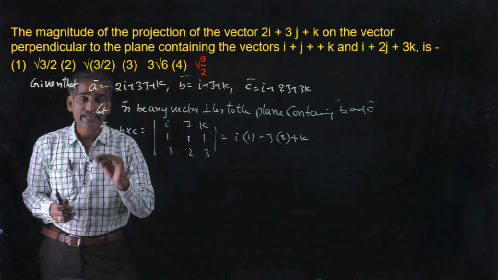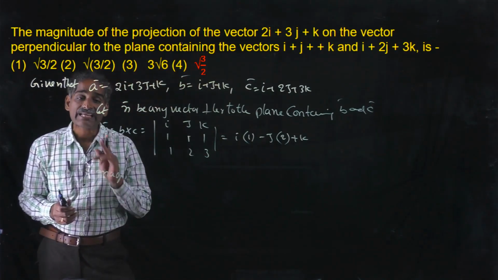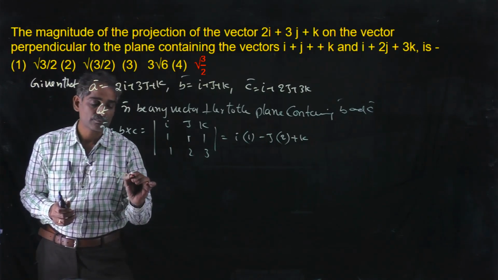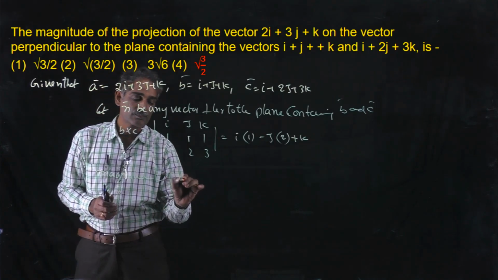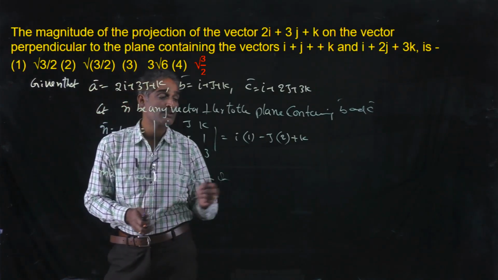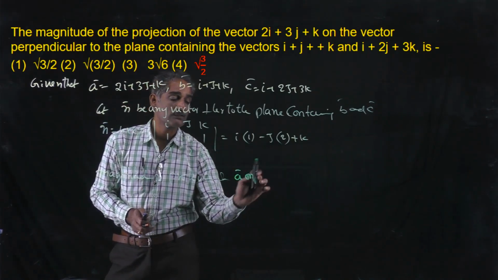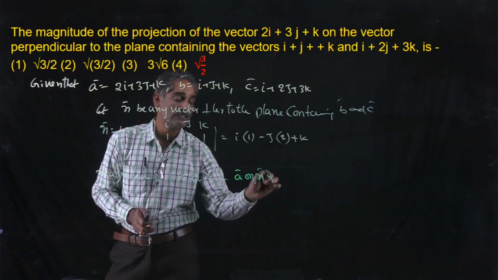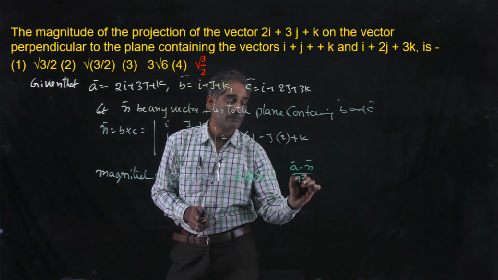The projection of a bar on n bar is a bar dot n bar by mod n bar.